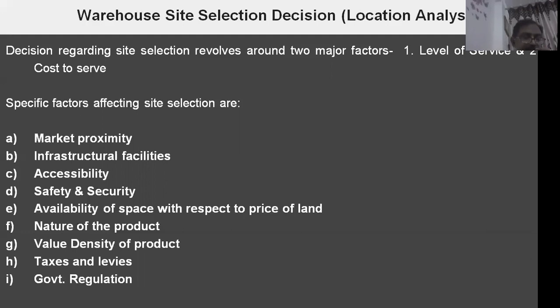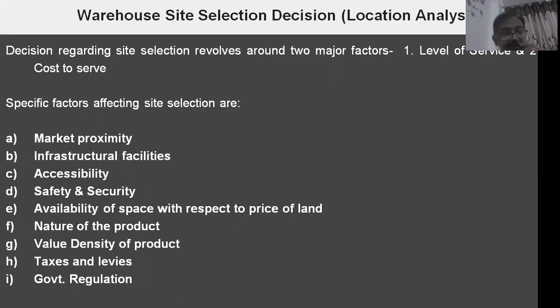All those infrastructure things must be there. Accessibility. So can the warehouse be accessed very fast, or is it very difficult? Then safety and security is also a very vital point, especially when you are storing some high value items. So safety and security becomes a matter of concern.